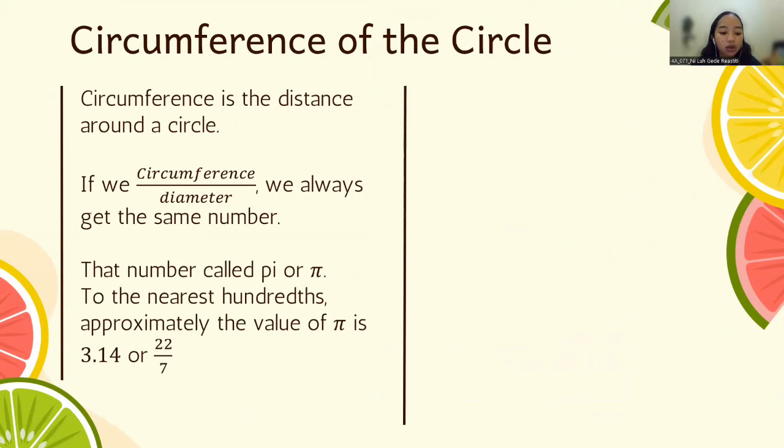That number is called pi. To the nearest hundredth, the approximate value of pi is 3.14 or 22/7.